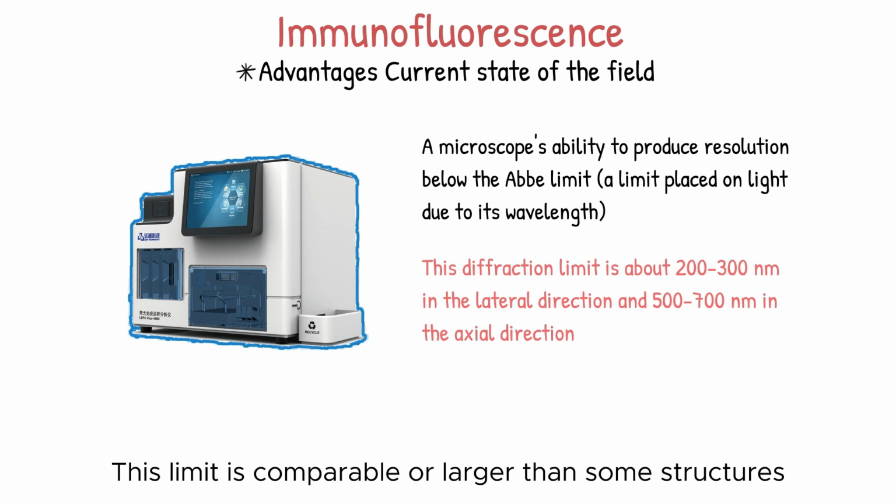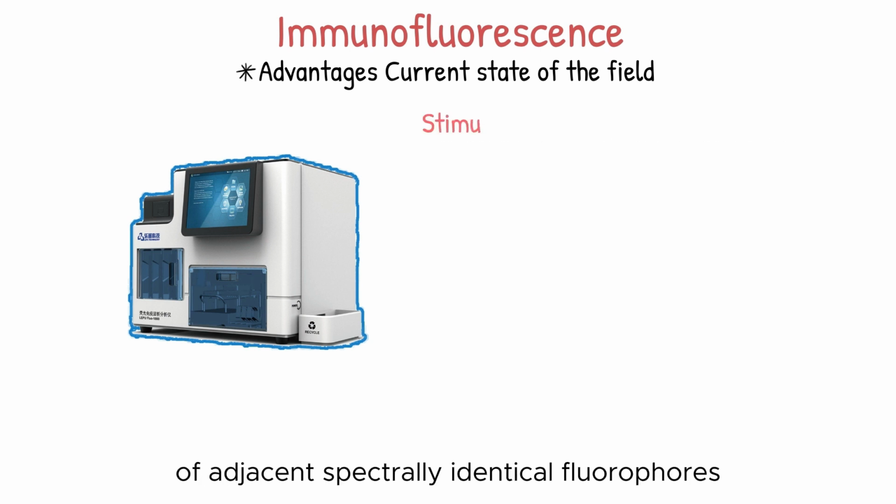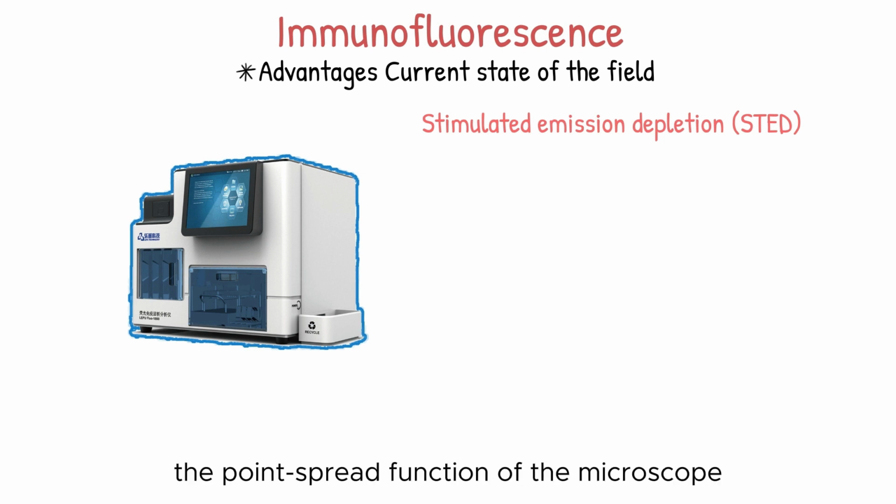This limit is comparable to or larger than some structures in the cell, and consequently this limit prevented scientists from determining details in their structures. Super-resolution in fluorescence more specifically refers to the ability of a microscope to prevent the simultaneous fluorescence of adjacent spectrally identical fluorophores. This process effectively sharpens the point spread function of the microscope.